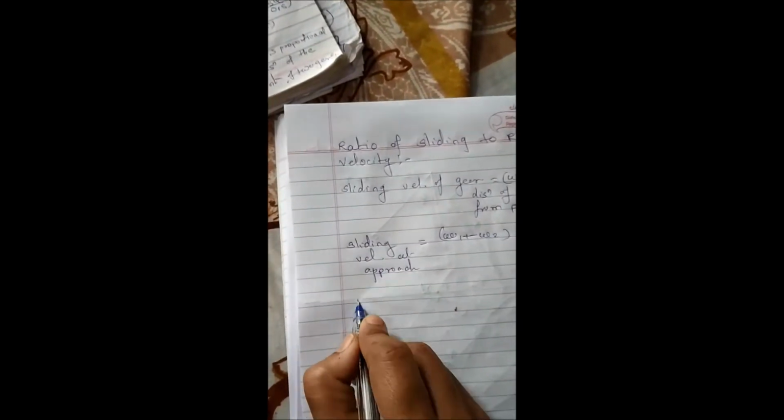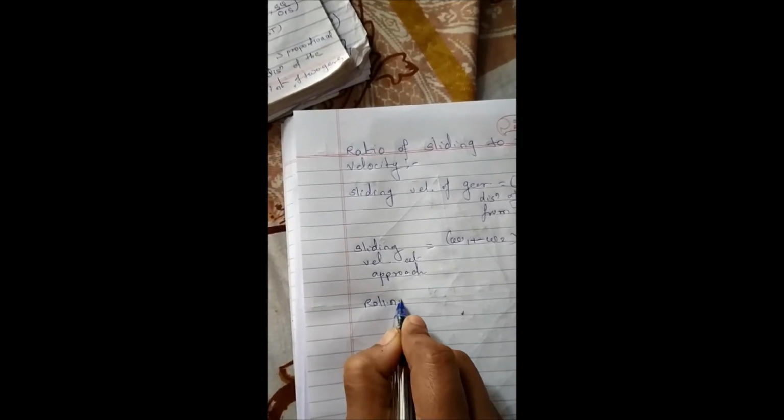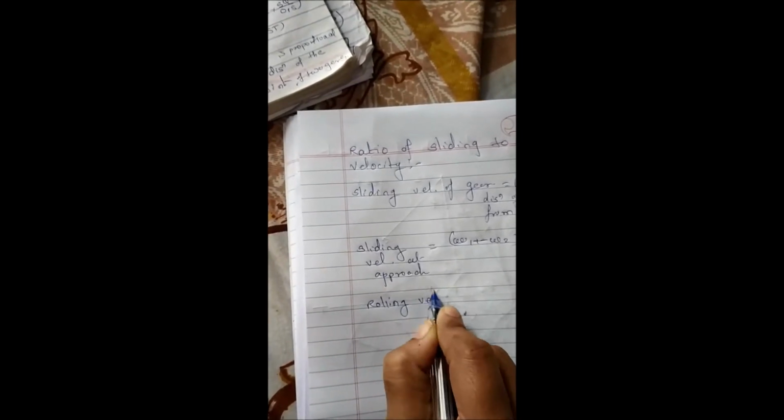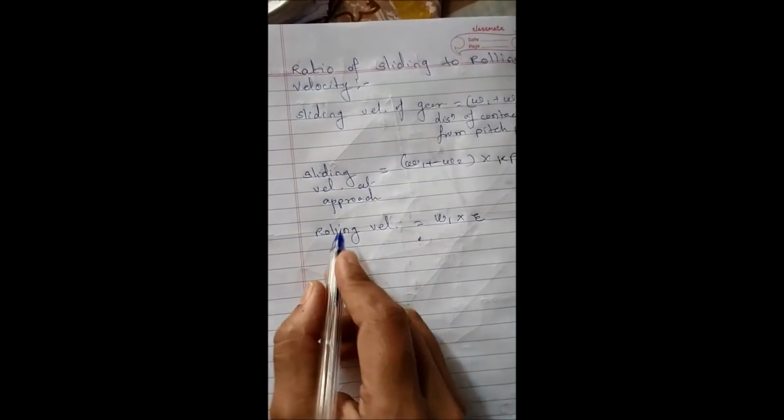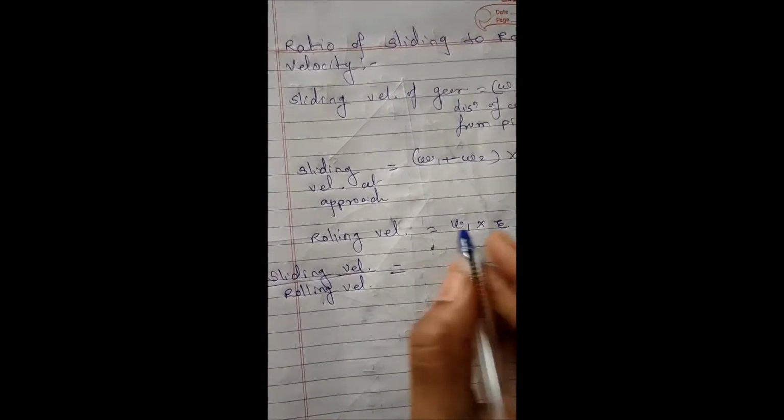Now we know that rolling velocity is equal to the velocity of the driver, omega 1 into r, the radius of the pinion. So let's take the ratio of sliding to rolling.